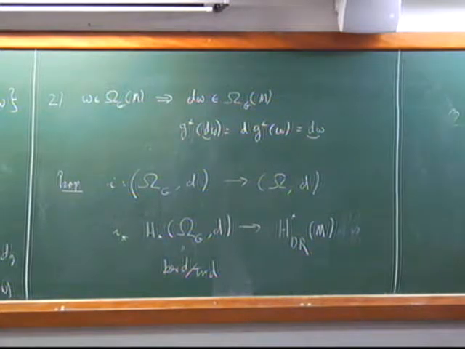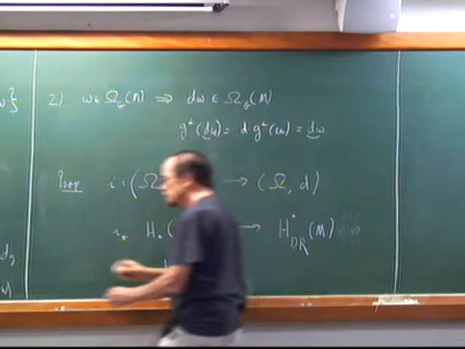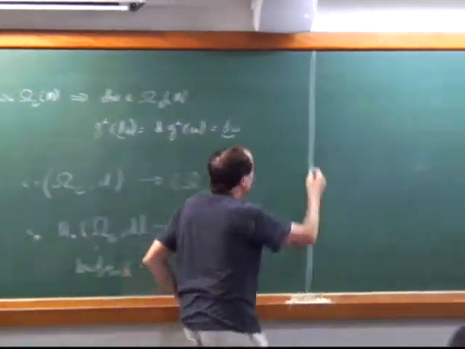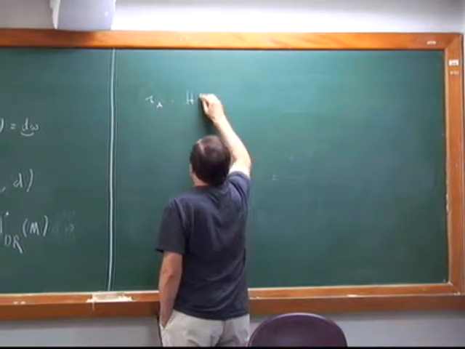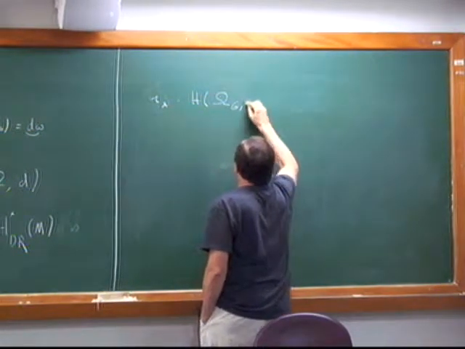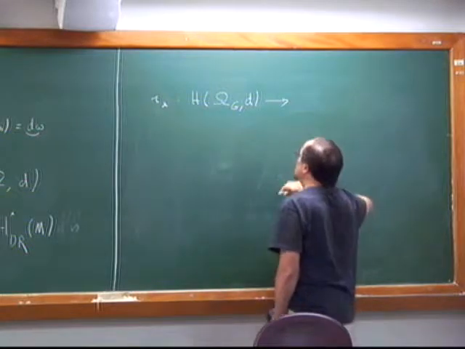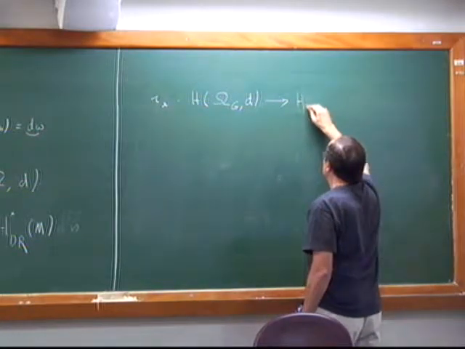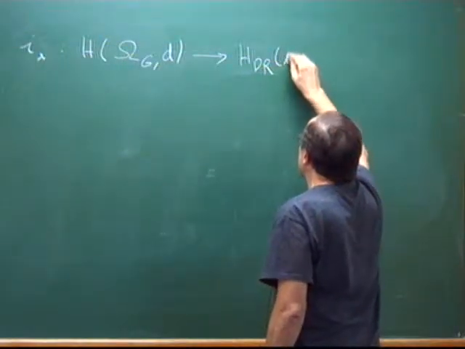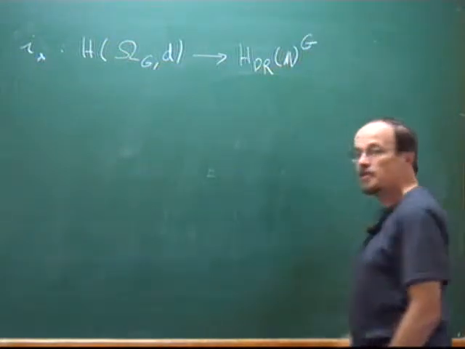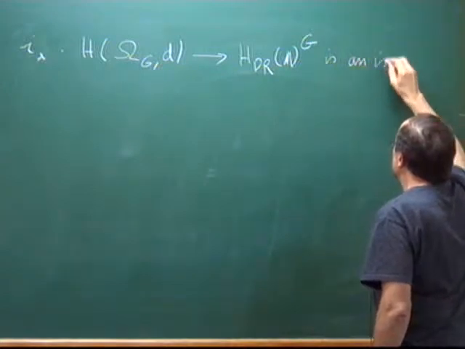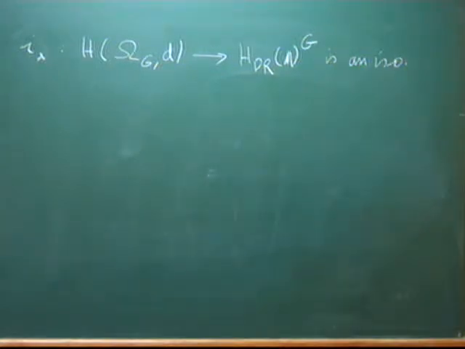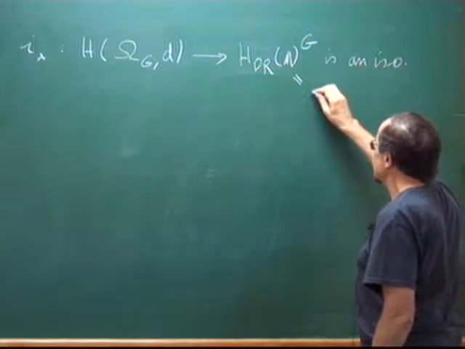That's not quite an isomorphism. So the induced map i star goes from, you can write it like this, the homology of G invariant forms with respect to my d, into, well, the de Rham cohomology certainly of M, but now the classes are G invariant. And this is an isomorphism. So again, the G invariant cohomology classes are the obvious thing, right?